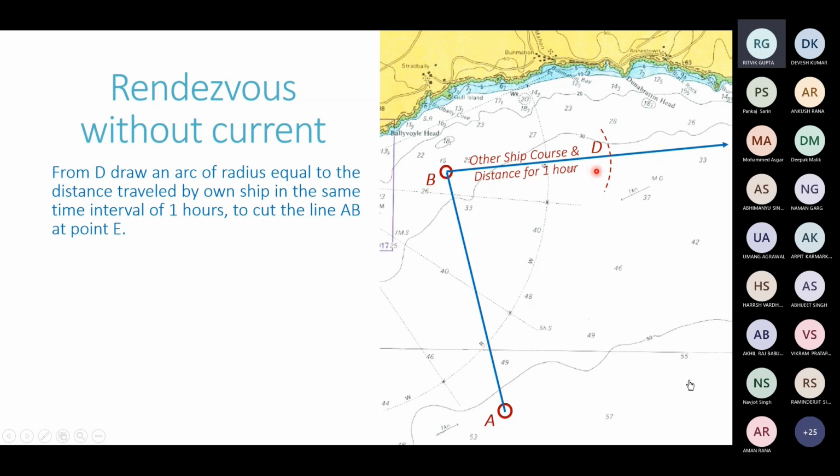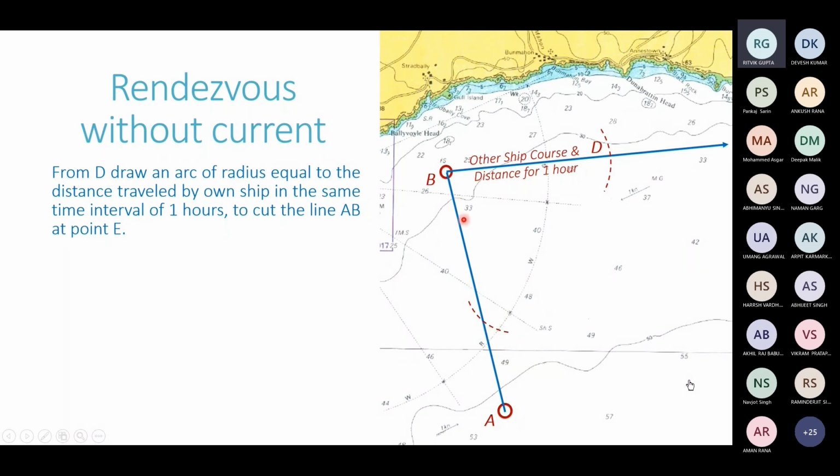So now we will be drawing the vector of our own ship for the same duration. So I open up my compass equal to the distance traveled by own ship in 1 hour. Keep my compass centered at point D and I will draw an arc. Now this arc, you can see here, I've drawn that arc.